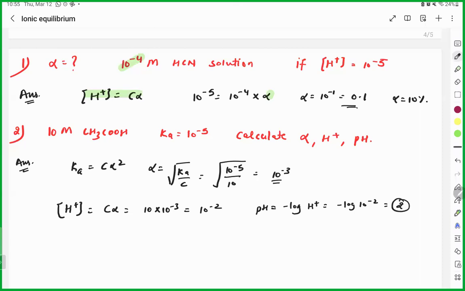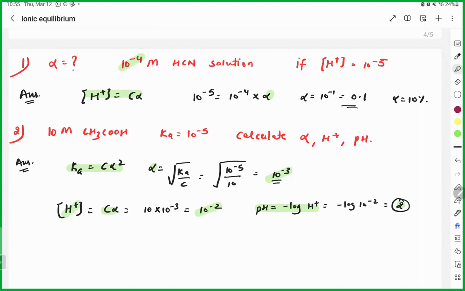Tell me guys, any doubt? Ka is equal to C alpha square. You can calculate the alpha value from this. H positive is equal to C alpha, and pH is minus log H positive. Sir, alpha is 10 to the power minus 2, no?